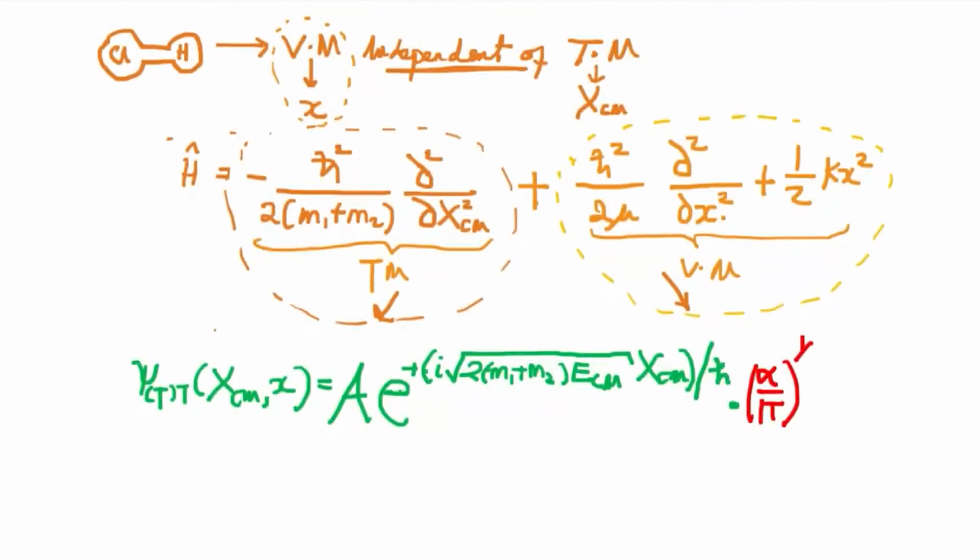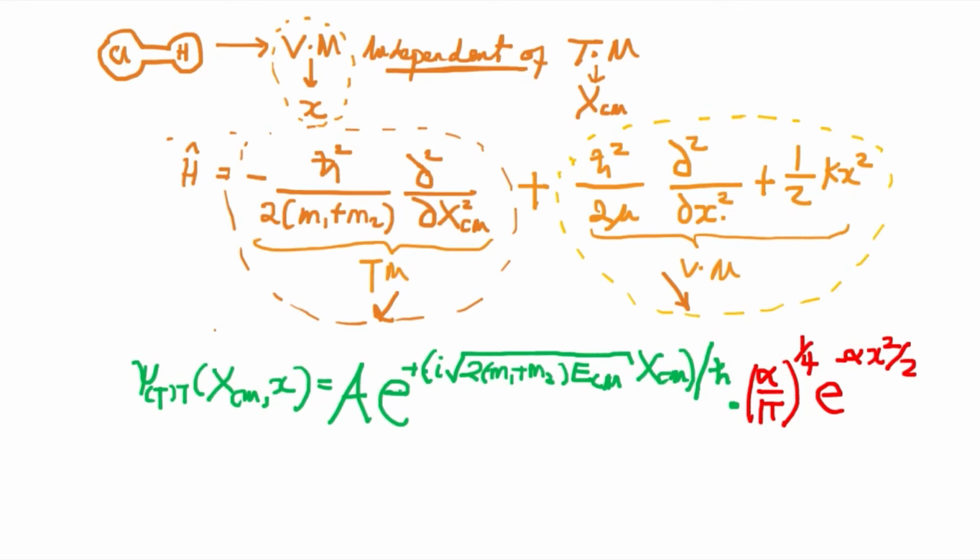alpha divided by pi, all to the fourth root, all multiplied by e, the exponent, to the power of alpha divided by 2.